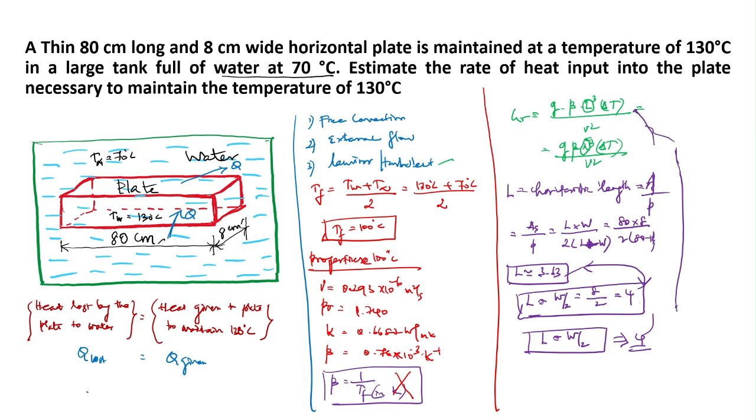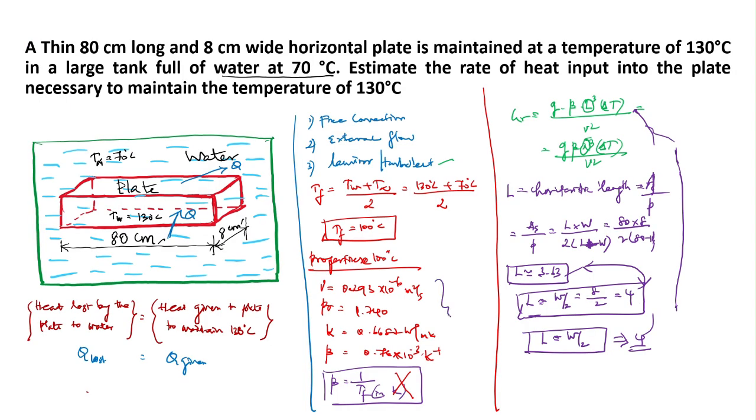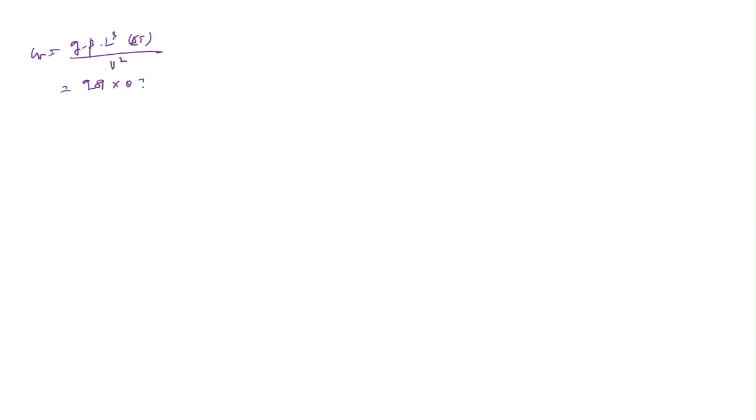Okay. Now we move to the next one. Here Gr is equal to g beta L cube into delta T divided by nu square. Here g is the gravity, already you know 9.81. So beta from the property table is 0.76 into 10 to the power of minus 3, into L, that is 0.04.